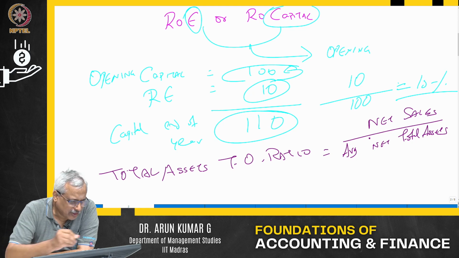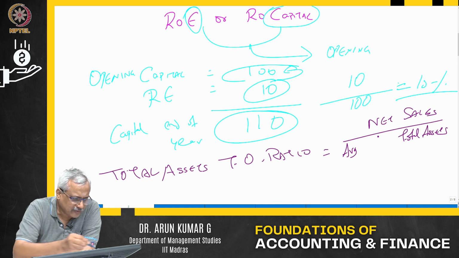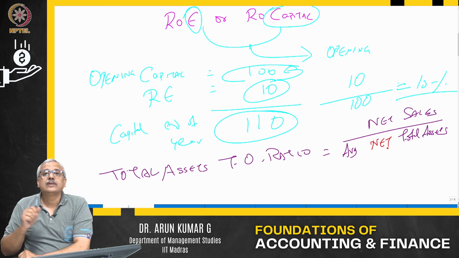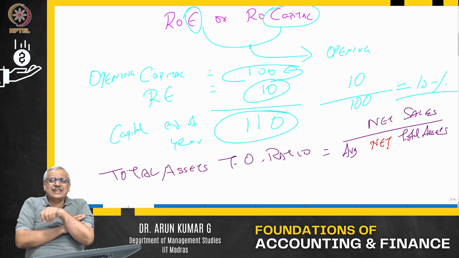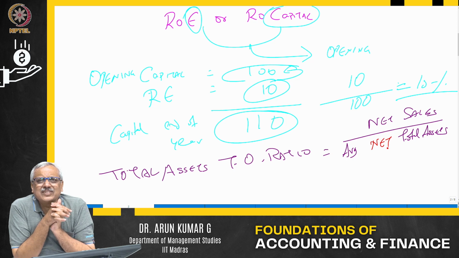The net word, I will color it very differently. When I say average, why do you say, sir, average net total assets?